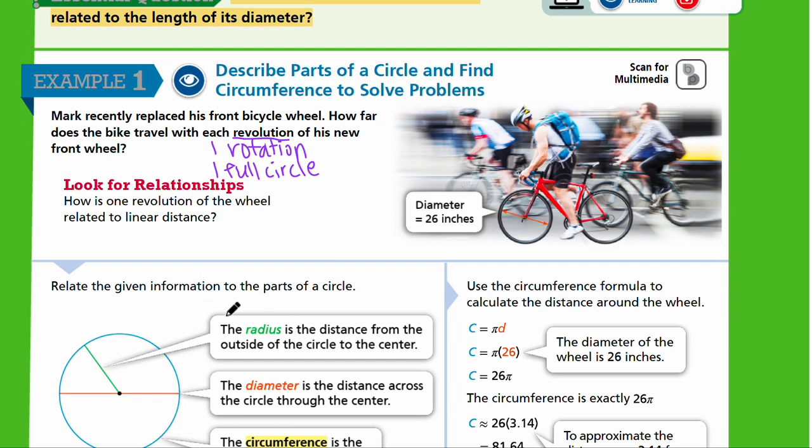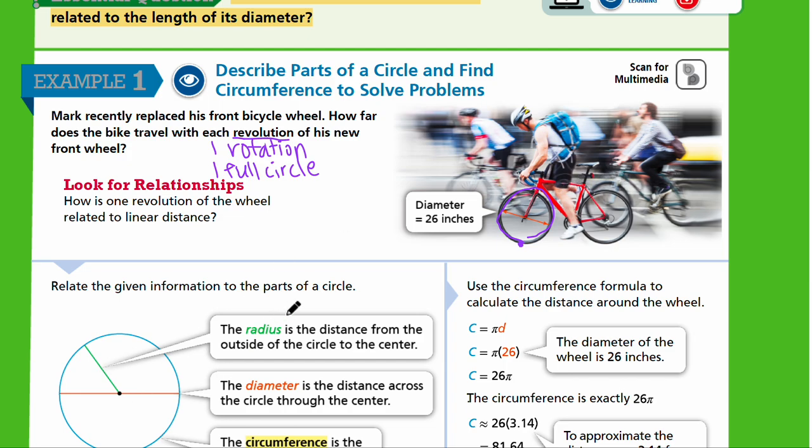So how much distance would one full circle go? So the diameter is 26 inches, but your distance from here, if he's biking properly, you should use the whole distance around the circle, right? To get the wheel to go around one full circle.